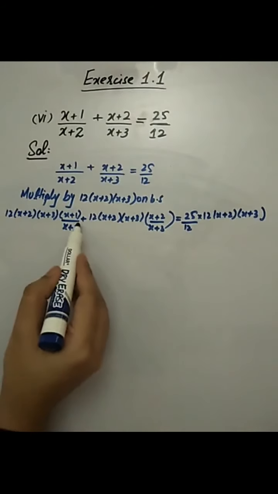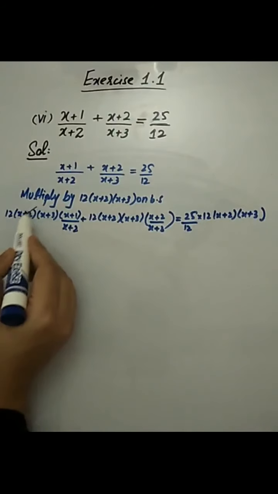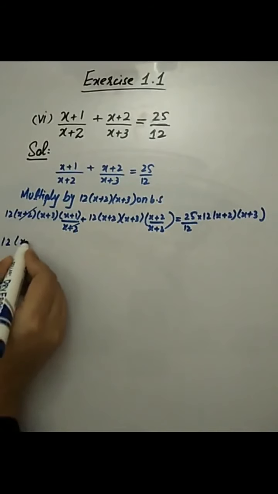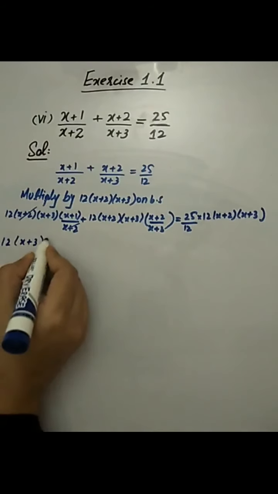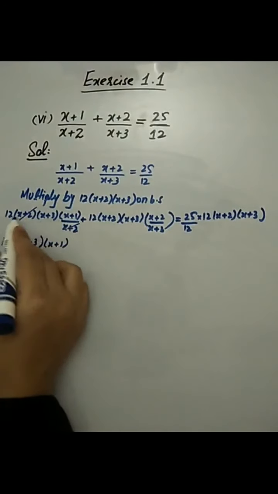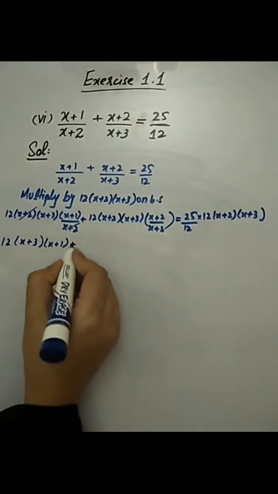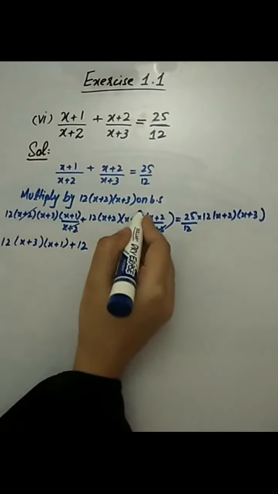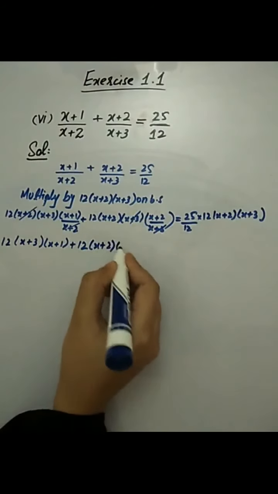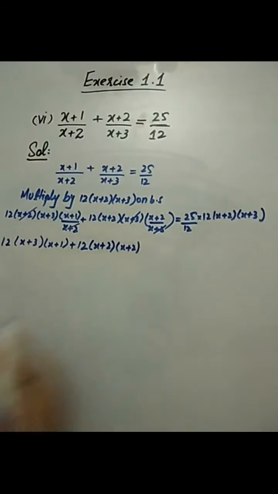Okay, now x plus 2 is cancelled with x plus 2, so we will get 12 x plus 3 x plus 1. Okay, 12 x plus 3 x plus 1 plus 12 x plus 3 will be cancelled with x plus 3, 12 x plus 2 x plus 2.